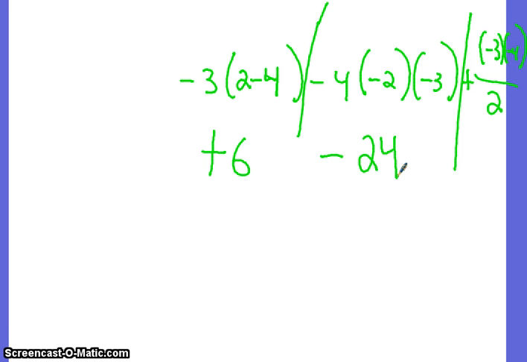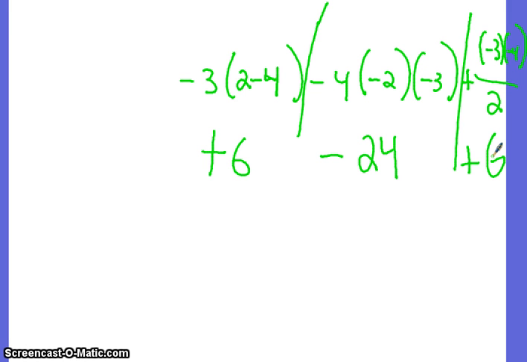And then my very last term, I have multiplication and division that I have to take care of. On the top, I have negative 3 times negative 4. It would be positive 12, divided by 2, which is positive 6. So I'm going to write my signs down. Now that I got all 3 sections simplified, I can solve this.